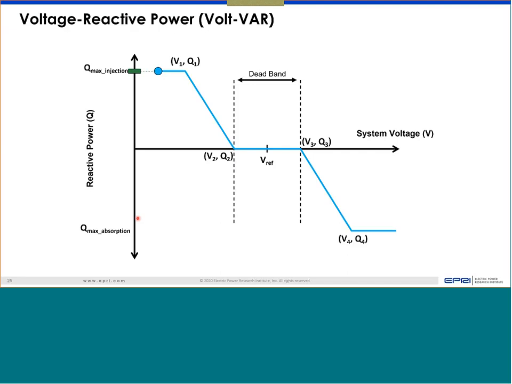So if for any reason the voltage was expected to be high, that's why it was configured to absorb VAR, and the voltage goes low, it will still absorb VAR and will pull the voltage further down. So that's another difference, and I'll summarize that later. Power factor function is proportionate to active power, with no direct relation with the voltage. On the other hand, Volt-VAR is proportionate to the voltage, but has no direct relation with the power. Of course, there's an indirect relation, but no direct one.